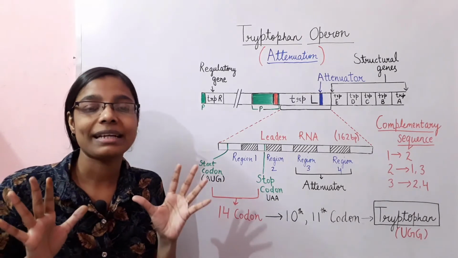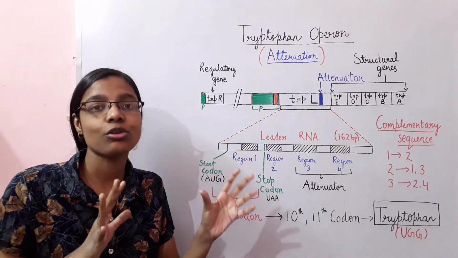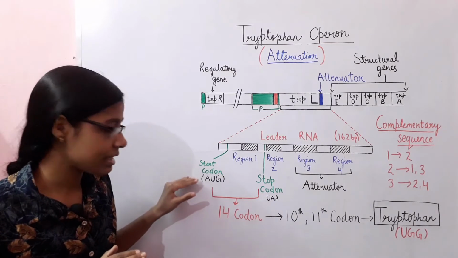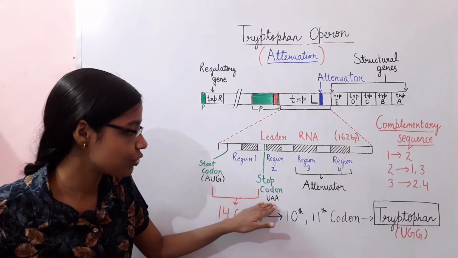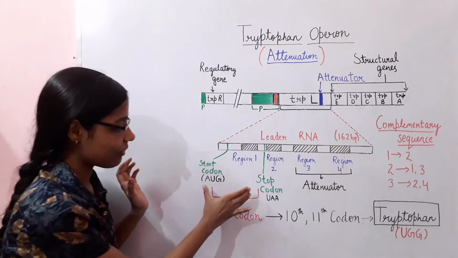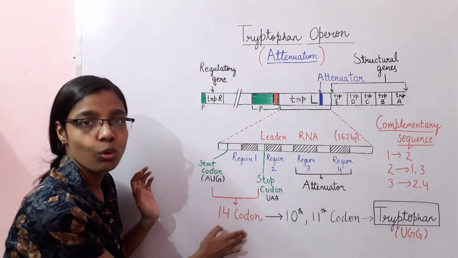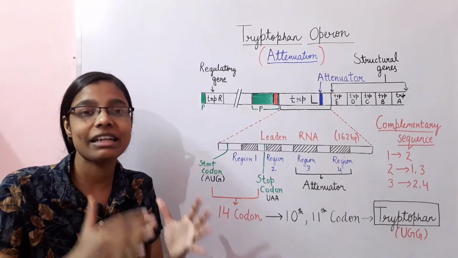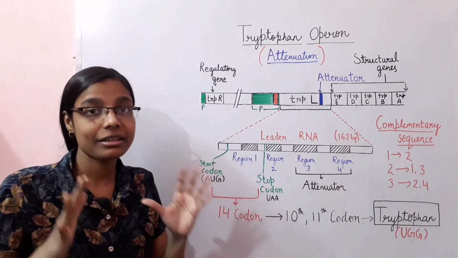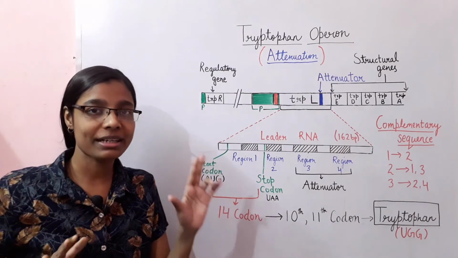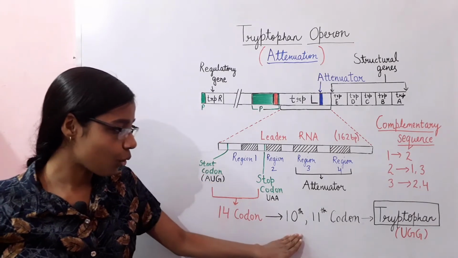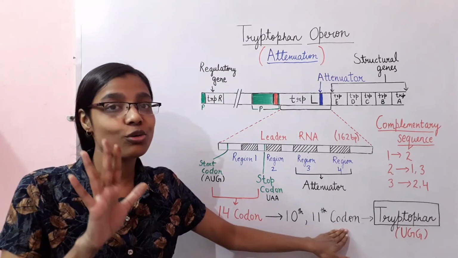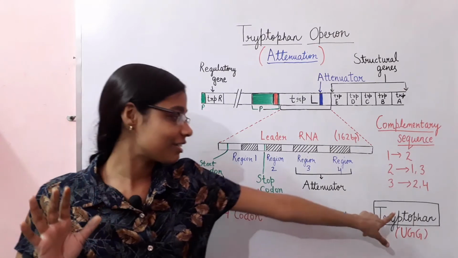A codon, as you all know, is a trinucleotide sequence that encodes a particular amino acid. The start codon is AUG and the stop codon is UAA, and in between them there are 14 codons present. Those 14 codons will encode 14 different amino acids. But the main important point here is that codon number 10 and codon number 11 will encode the amino acid tryptophan.